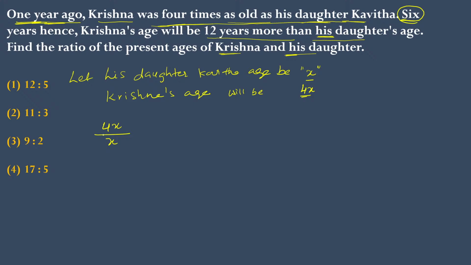So, x is the age of Kavita 1 year ago. x plus 1 is the present age of Kavita and x plus 7 is Kavita's age after 6 years.